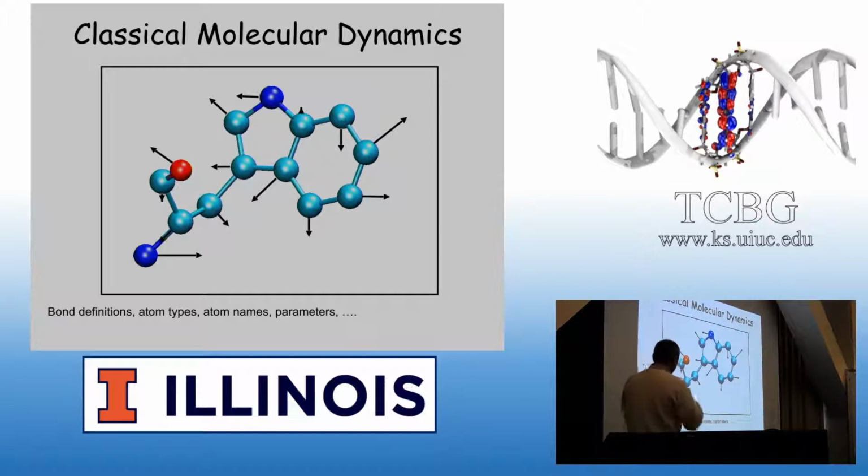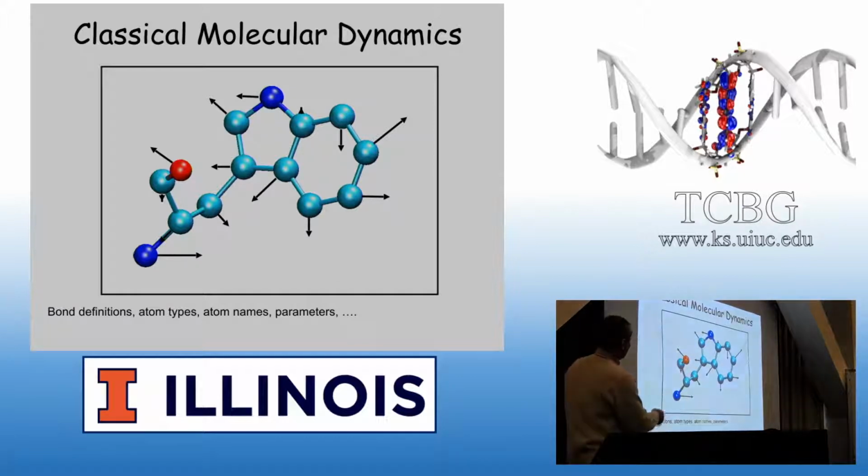So we need to have different rules for bonded interactions, which means in the first place you have to define what is connected to what. And what is the set of bonded interactions or potentials that would reproduce the behavior of this molecular system. So this is one of the challenges.